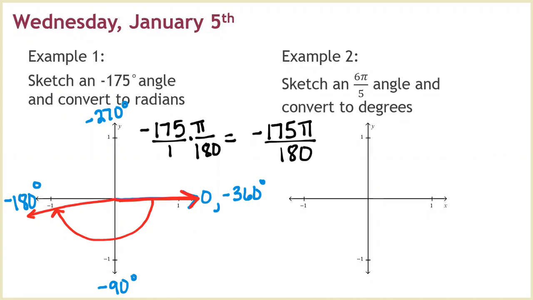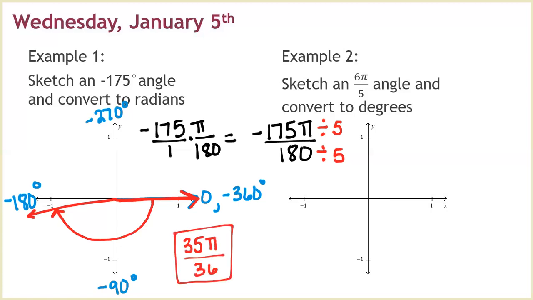If we divide both by 5, top and bottom, the answer in radians, negative 175 degrees converted to radians, is equivalent to negative 35 pi over 36. So this would be my angle in radians. That took up a little bit more space than what I thought it would.